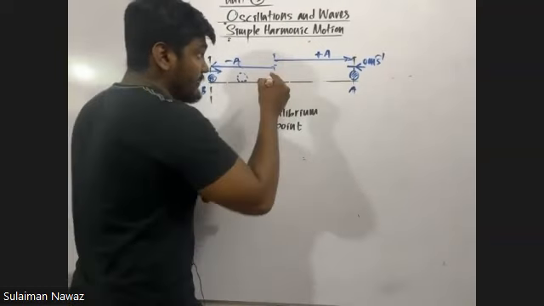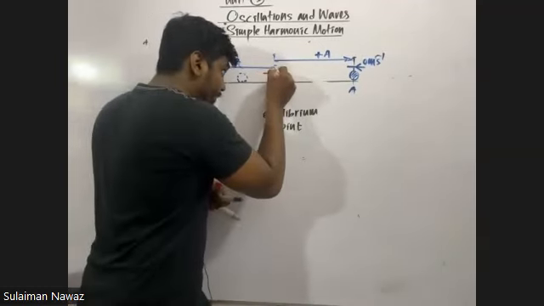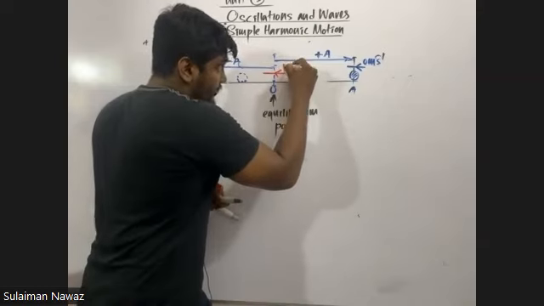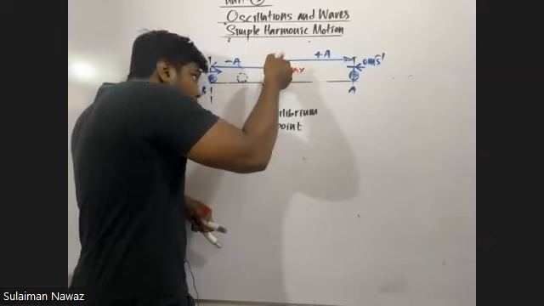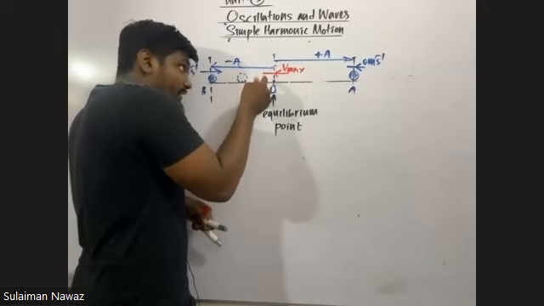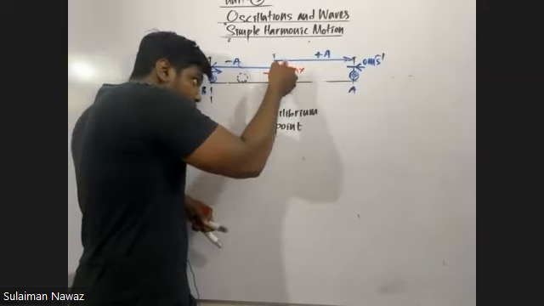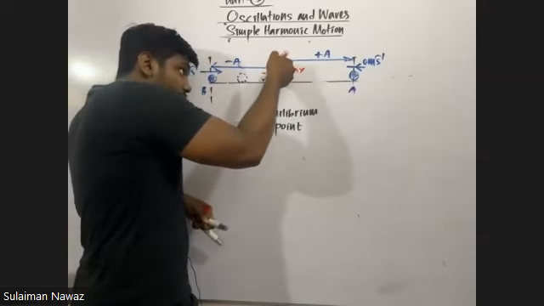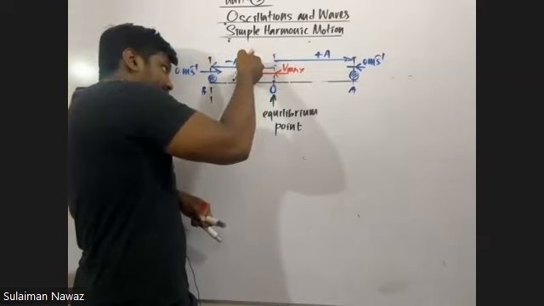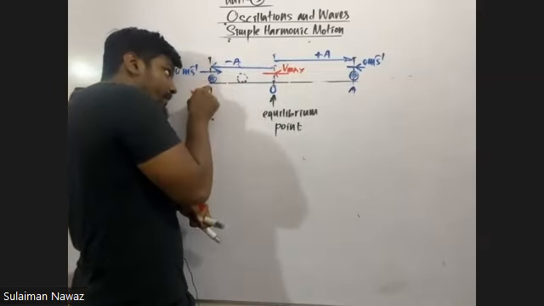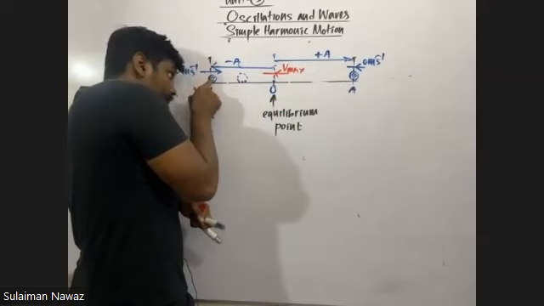Then as your object moves further to the left, from the equilibrium point to capital B, velocity is decreasing. Exactly at point capital B, velocity becomes zero.